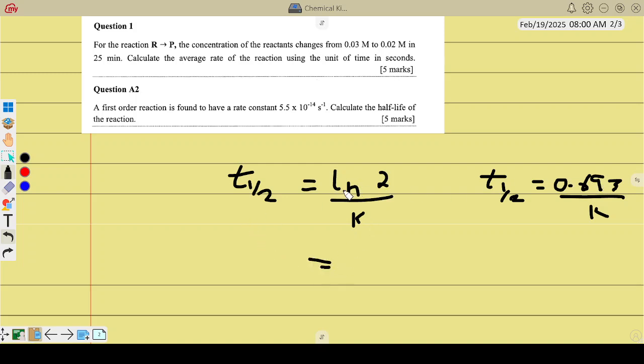So let's answer. Ln 2 is 0.693 over the rate constant, which is 5.5 times 10 power negative 14.